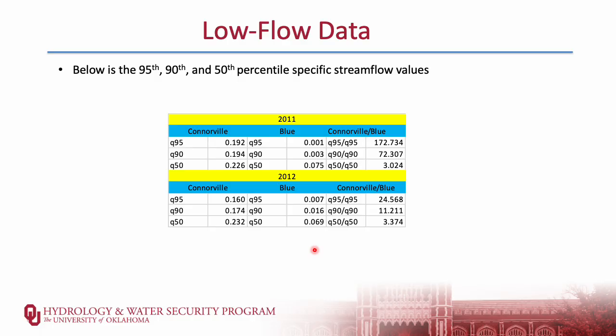The Q95 for Connerville was 0.160, and the Q95 for Blue River in Blue, Oklahoma was 0.007, which made for an almost 25 times higher difference the Connerville location had than the Blue, Oklahoma side.